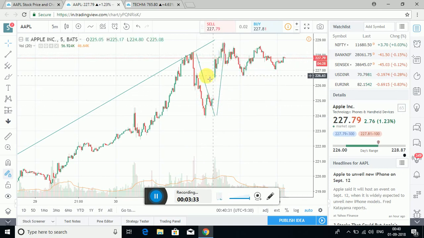Though the stock opened gapped up, still the stock rejected the lower prices, and it immediately went up. So what does this show us? This shows us that there is an overall buying momentum in the stock, and our buyers are not ready to give up their positions as of now.